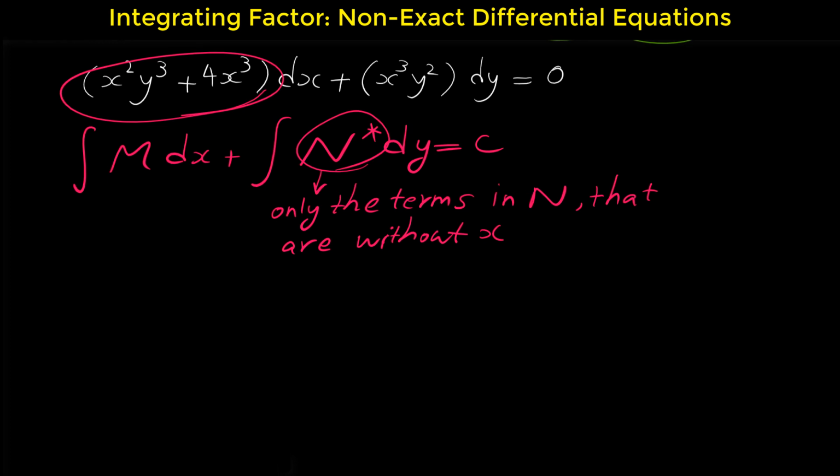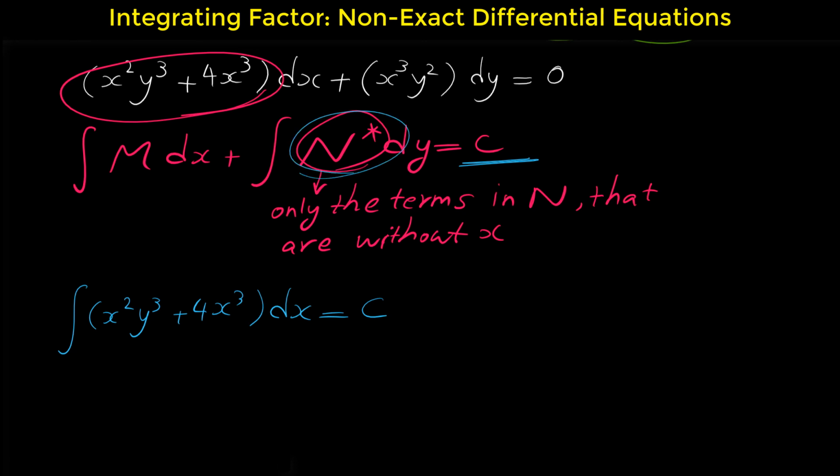Integral of x to the 2 y to the 3 plus 4x to the 3 dx equals c. Again, because everything here is a function of x, we don't have anything to integrate with respect to y. That's the reason we don't need to put this part here.